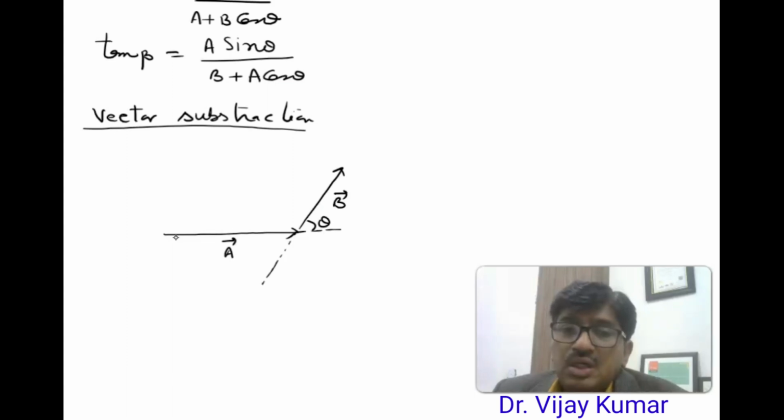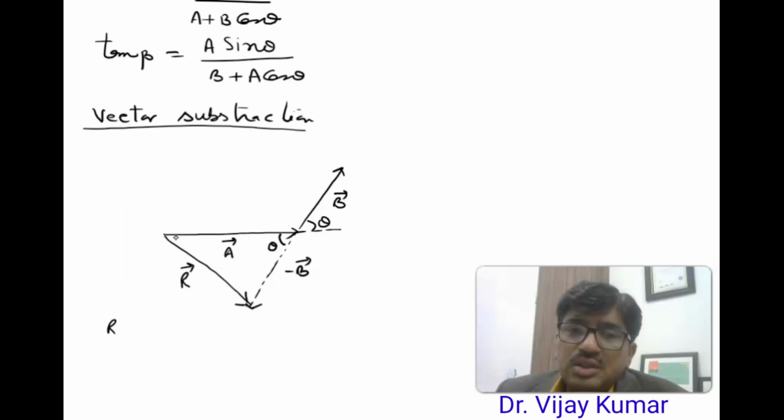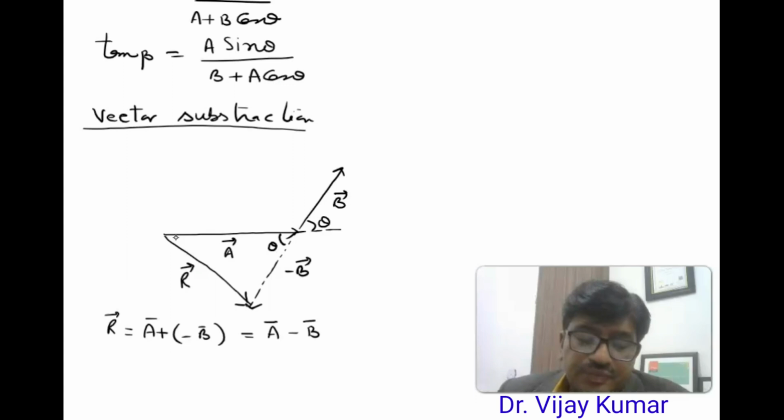B in the opposite direction becomes minus B, and this angle is also theta. The resultant vector of A and minus B should be A plus minus B, or we can say A minus B.